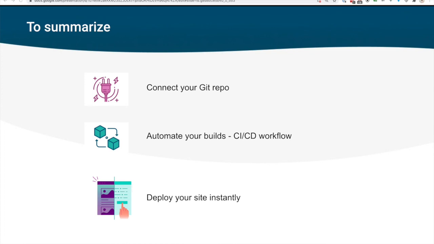To summarize, Netlify provides high-performance infrastructure to build and host your site, while letting teams focus on building the application itself with many developer productivity features built in. Once code is committed in Git, Netlify will install dependencies, run your build command, and deploy your site with a high-performance CDN.